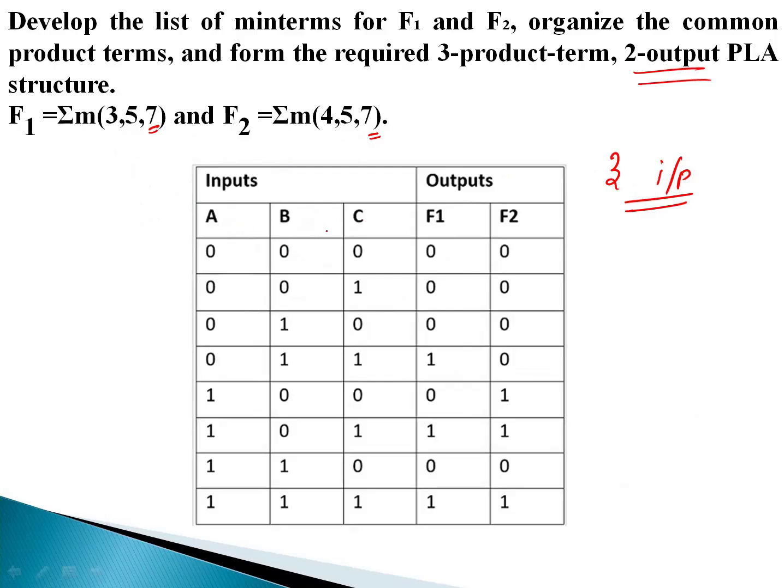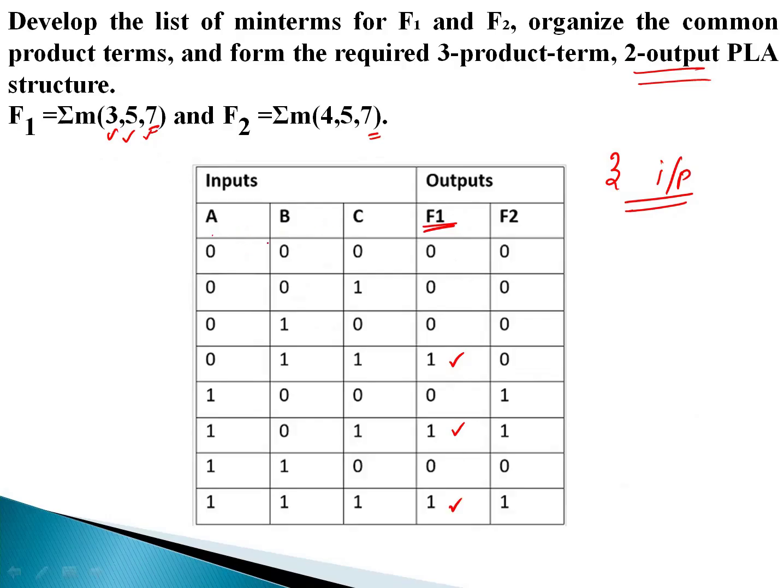Next, we have to construct the minterm table with the inputs A, B, C and the outputs F1 and F2. For F1, the output is 1 at minterms 3, 5 and 7, so I have substituted 1 here, here and here.